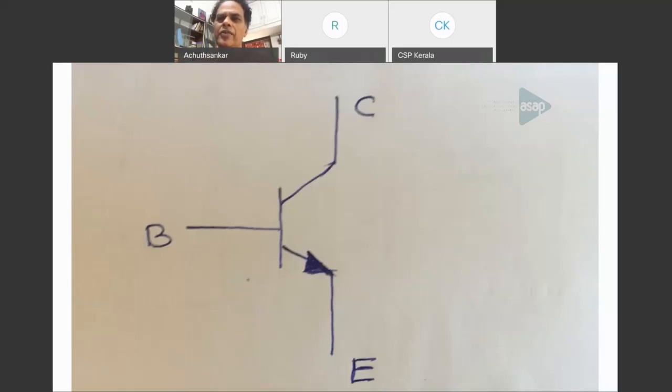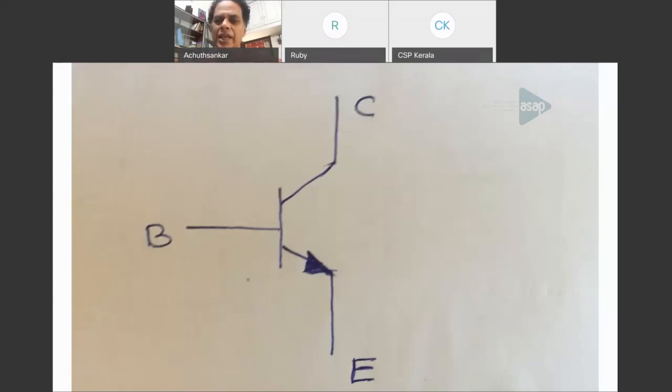Let us look at the idea of transistor as a switch. So please note, I have advised you, ignore the base. For the moment, ignore the base. Between the collector and the emitter, the resistance is infinity if there is no current in the base. I repeat again, between collector and emitter, the resistance is infinity if there is no current in the base.